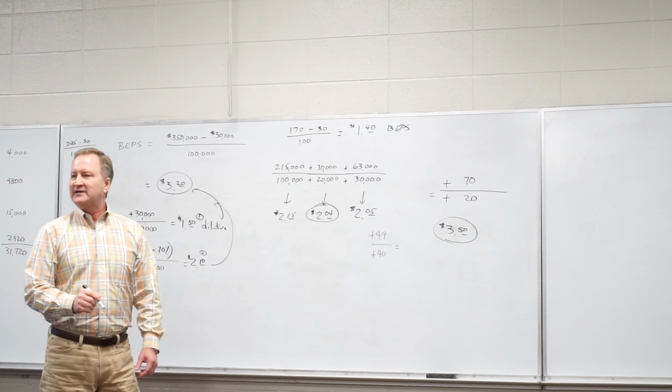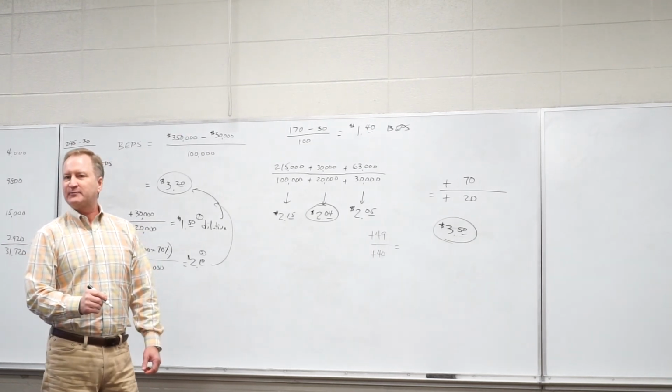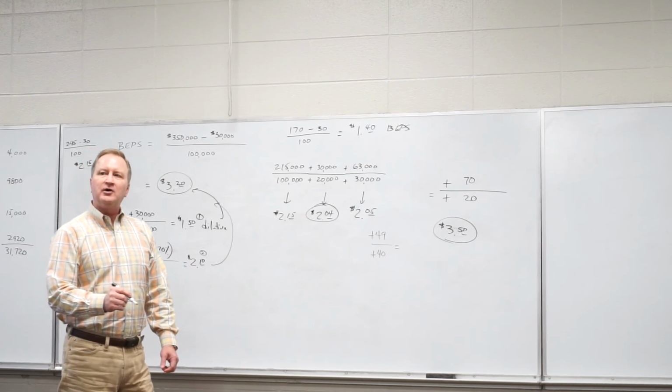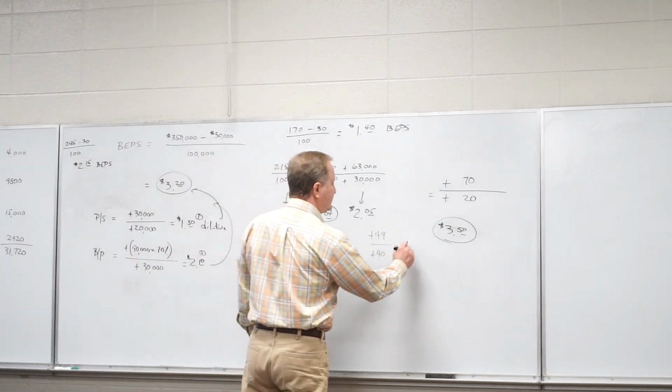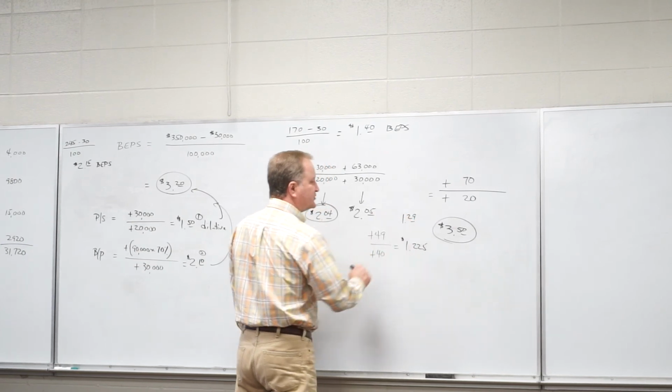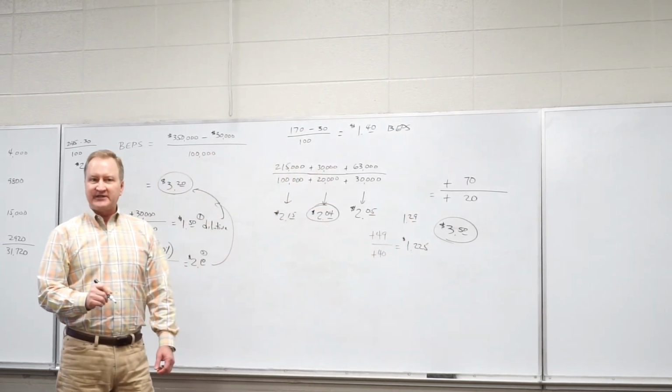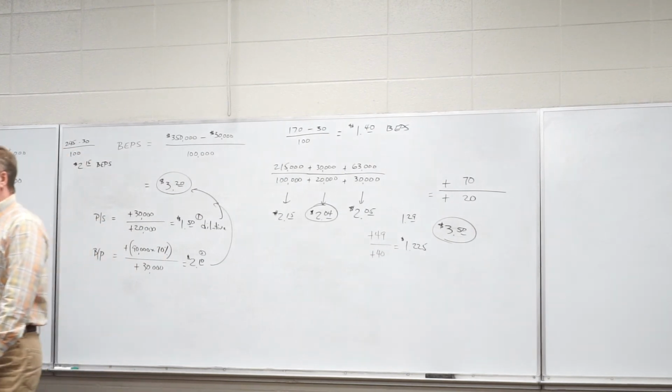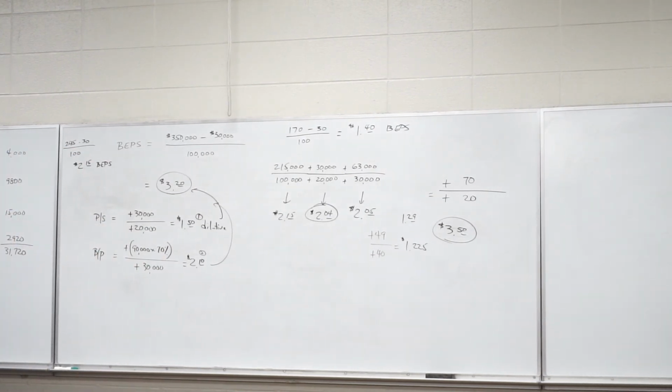What is 49 divided by 40 expressed as dollars and cents? $1.23. 1.225. How does that compare to $1.29? It's lower. It's dilutive. So that appears to be our answer, but let's prove it to ourselves by seeing about D.